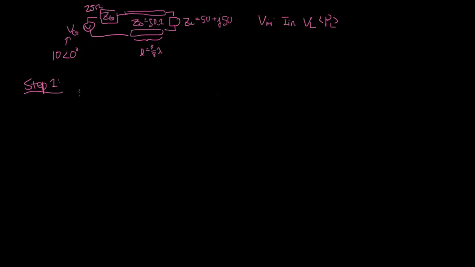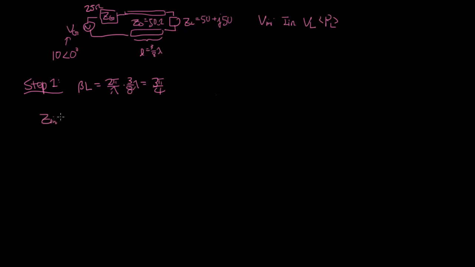So first of all, let's try to find beta L and use that to find the input impedance. So beta is 2 pi over lambda. If L is given in units of wavelength, the lambdas cancel out and we get 3 pi over 4. This is the quantity that goes into the tangents.